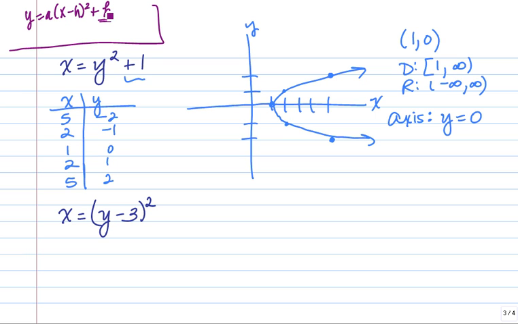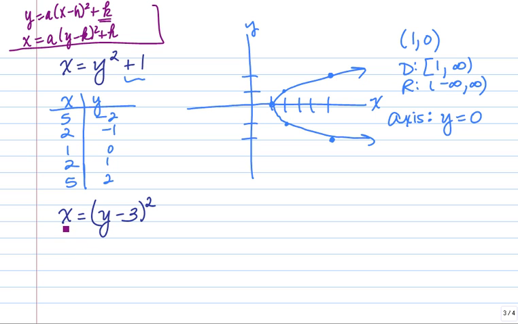Well, when we have x is equal to a times y minus k squared plus h, now this outside number is affecting the x, not the y. So the outside number always impacts the opposite variable that's inside those parentheses.